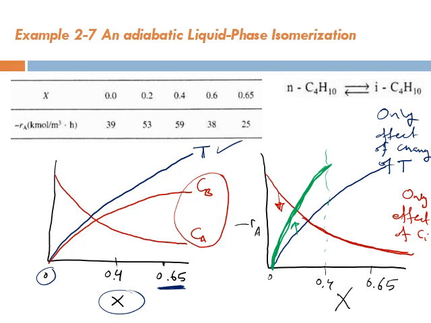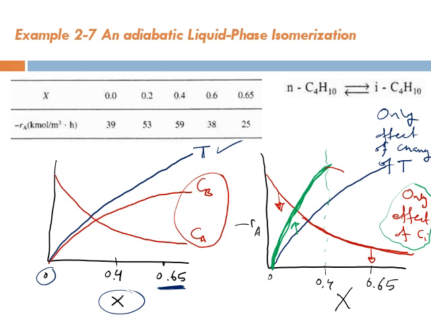But then who wins? Then the change in concentration wins. The concentration of A is very low, CB is very high, so the change in concentration, which pulls the rate of reaction down, will win.